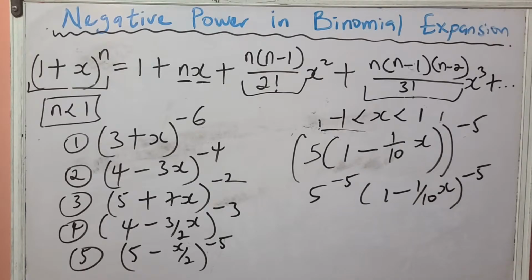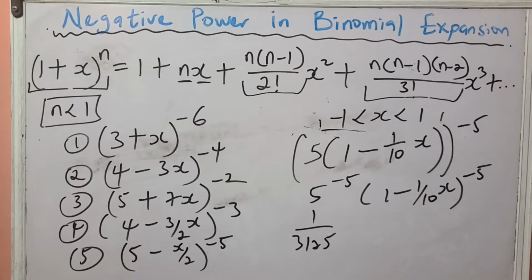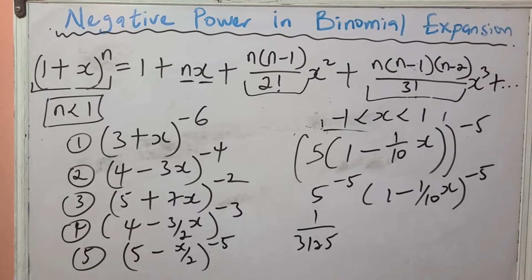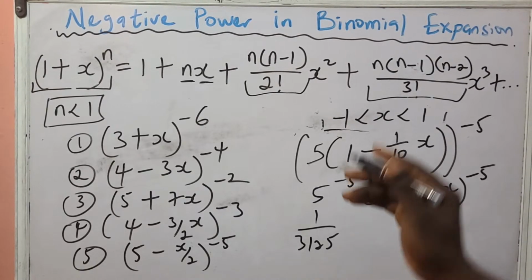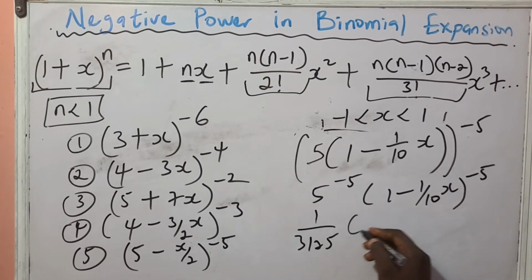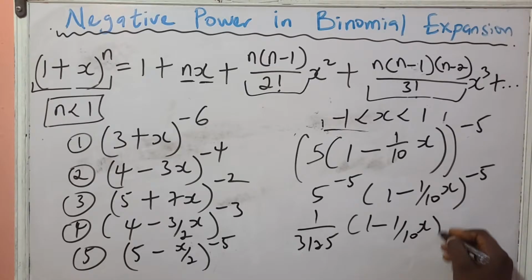So that will be 1 over 3125 and 1 minus 1 over 10x to the power minus 5. So this is how we solve questions of this sort.